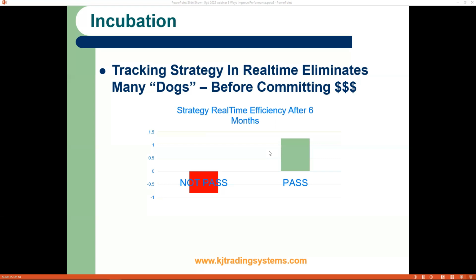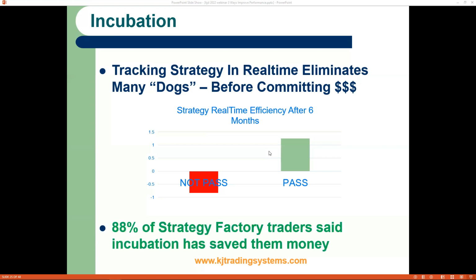Because you're going to have them almost no matter what you do, no matter how you develop systems. And you might say, well, why? Noise is everywhere, luck is everywhere. You could run a back test and just happen to get lucky. But in real time, usually luck fades away. So this turns out to be a great measurement, this efficiency of comparing the real-time performance to the back test.